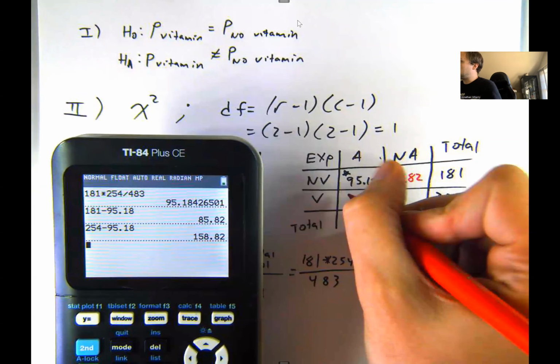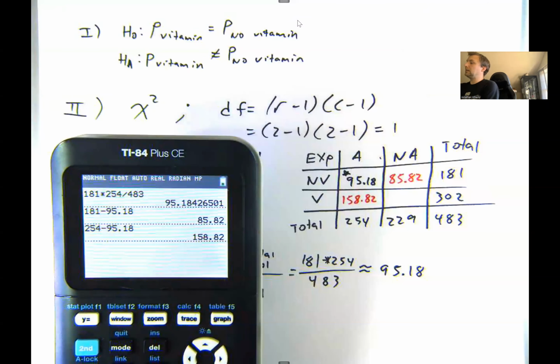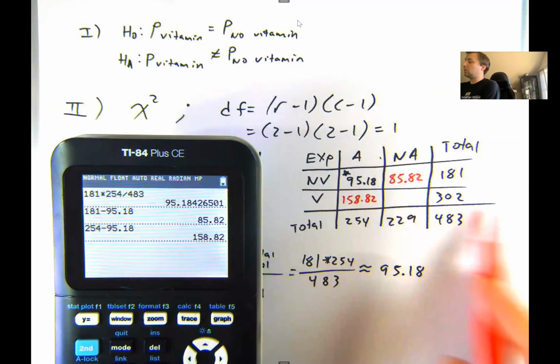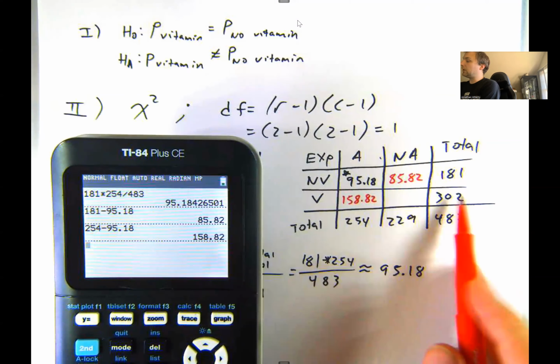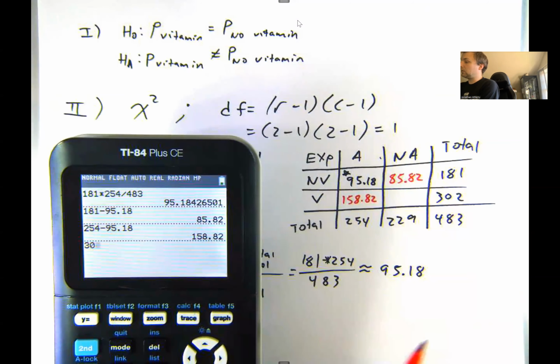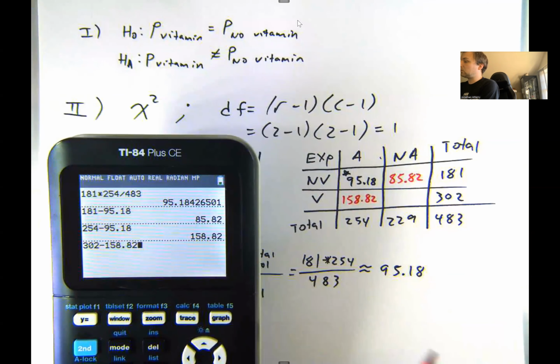This gives me 158.82. And this last value will work horizontally or vertically. So I'm going to do 302 minus this 158.82.